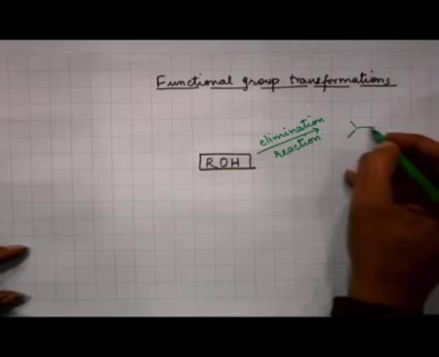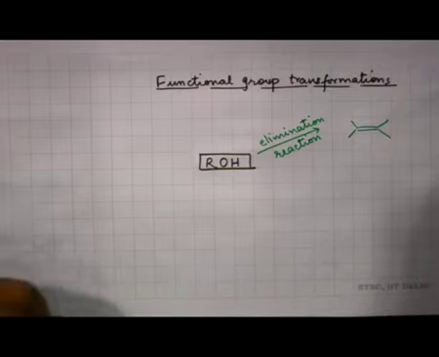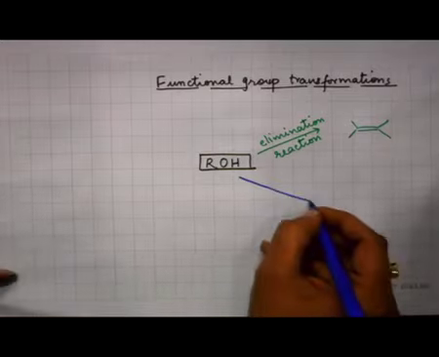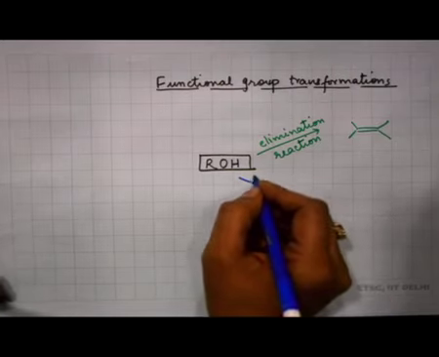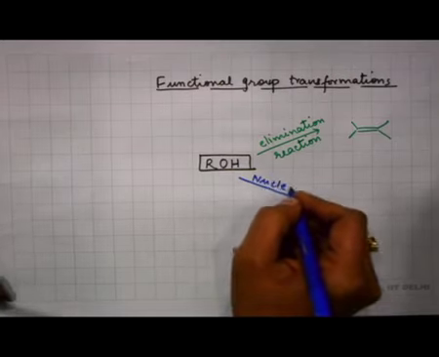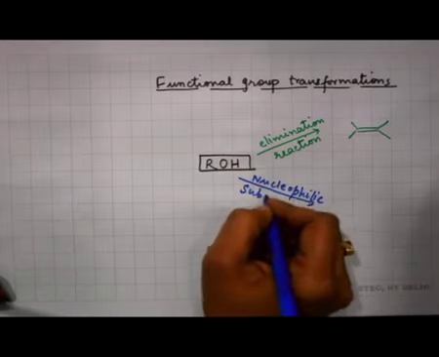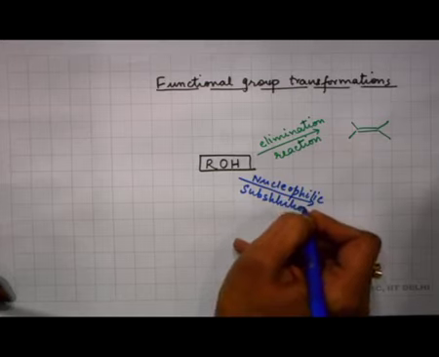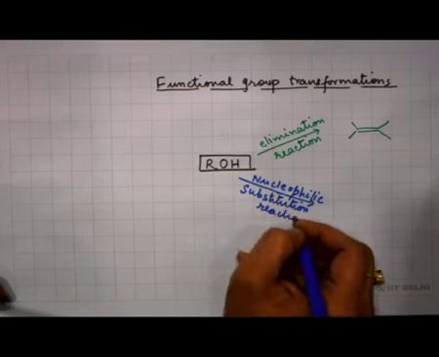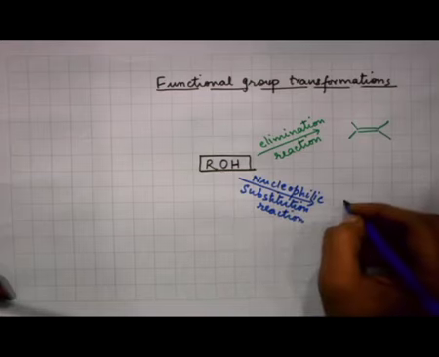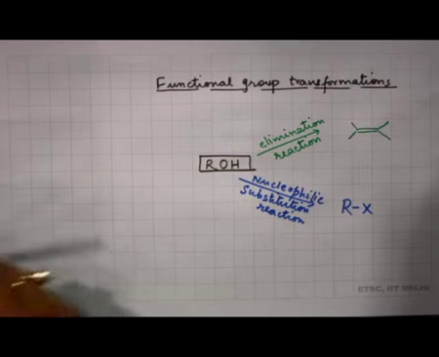They can also act as a substrate for a nucleophilic substitution reaction. If we carry out a nucleophilic substitution reaction on alcohols, we can get a variety of substituted alkyl derivatives like alkyl halides or other compounds.